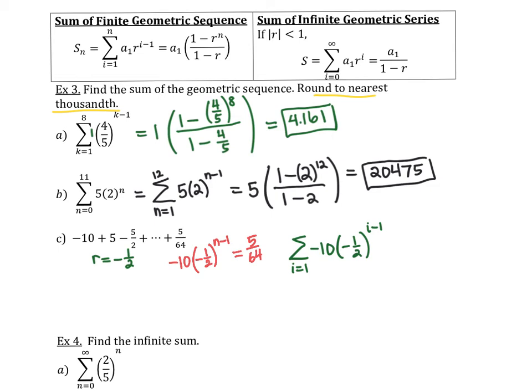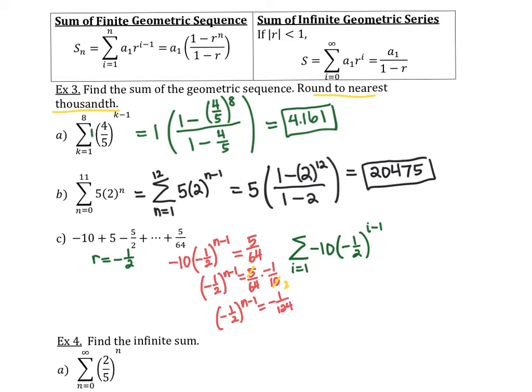Let me divide by -10, so -1/2 to the n minus 1 equals 5/64 times -1/10. I'm going to cross cancel. If I cancel by 5, that goes down to a 2. So -1/2 to the n minus 1 equals -1/128.